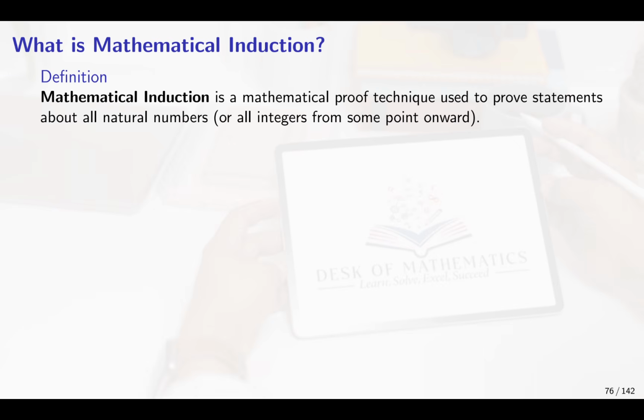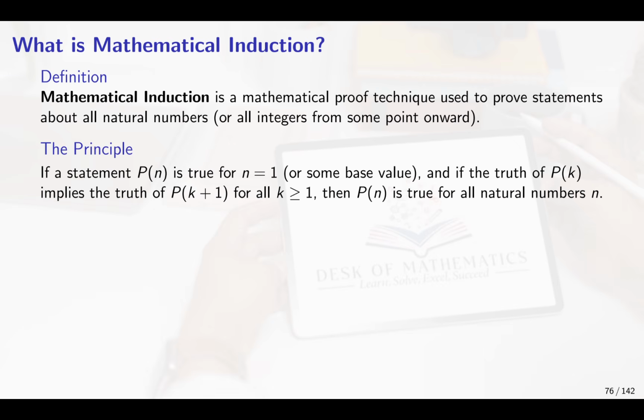Now the mathematical induction. Mathematical induction is a mathematical proof technique used to prove statements about all natural numbers. The principle is that first we suppose that it is true for the initial value that is defined there.